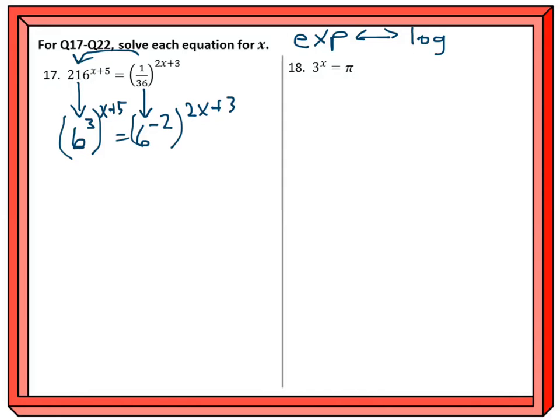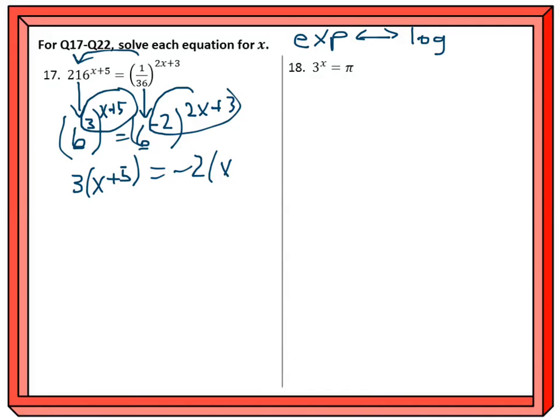Now, since the bases are the same, we can equate the exponents, making sure that we distribute here. So 3 times x plus 5 should be equal to negative 2 times x plus 3. That's a plus sign. Alright, so distributing on the left side, I get 3x plus 15. Distribute on the right side, negative 2x minus 6.